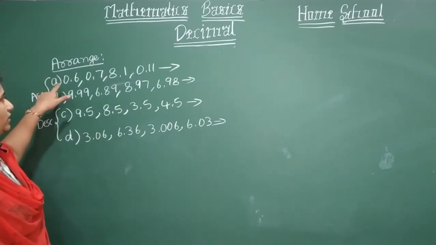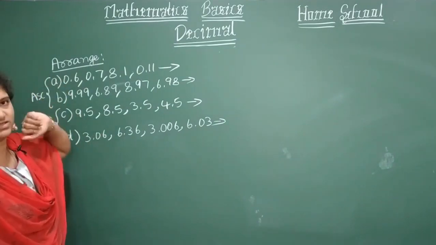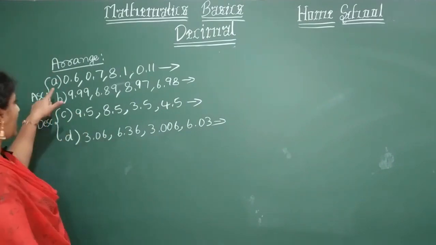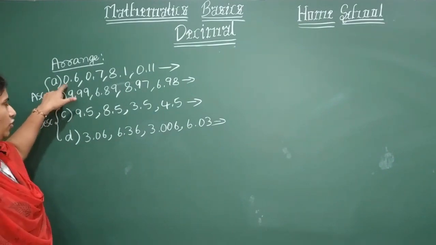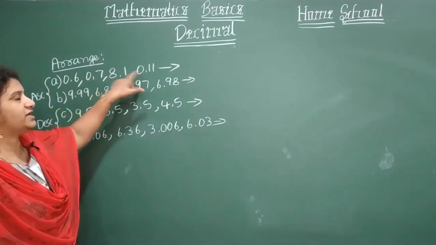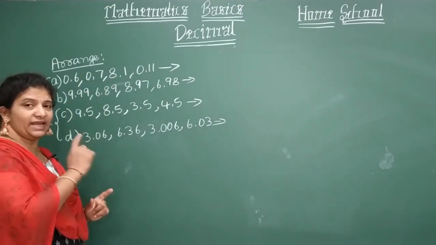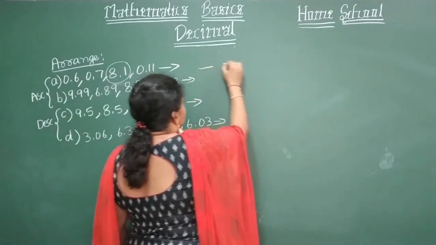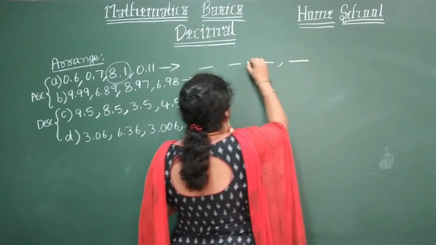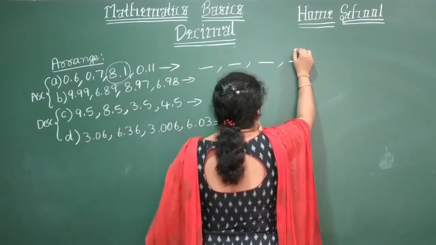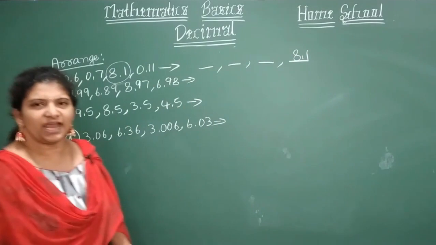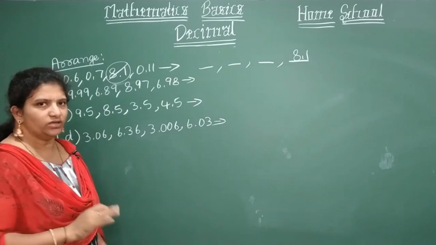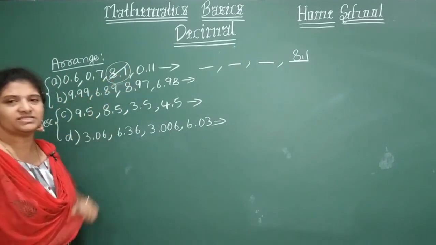So observe here. First you have to observe all the whole numbers, right? Arrangement in ascending order means what? Small to big. So here whole numbers 0, 0, 8, 0. Yes, 8 as a whole number is greater. So among these 4 places, 1, 2, 3, 4, in the last place you need to write the greater number, that is 8.1. Okay, this decimal value is over. Now see the remaining 3 decimals.